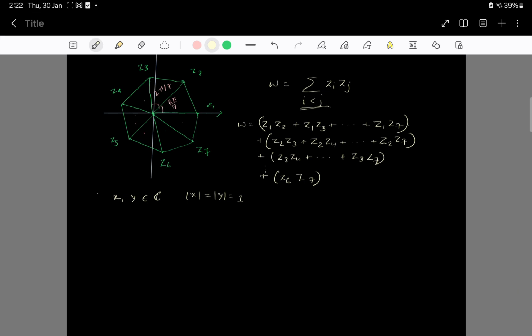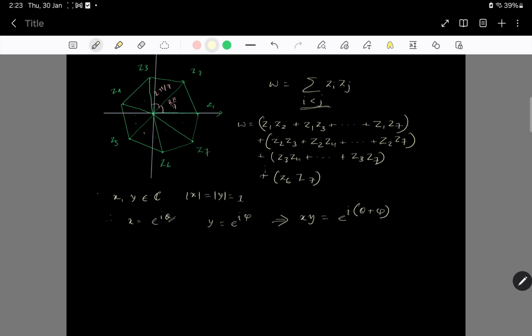In that case, x can be written as e to the power i theta, because I have to see what angle theta is making with the real axis. Similarly, y will be e to the power i phi. Phi can be a different angle. Now what will we get from xy? That is basically e to the power i (theta plus phi).